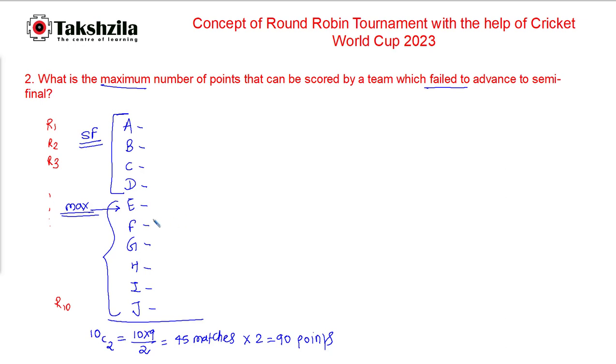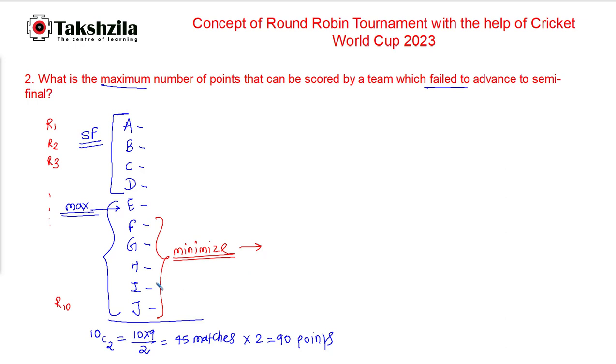So if we want to maximize E, we need to make sure that the points of E should be less than or equal to A, B, C, D, and the points of E should be more than or equal to F, G, H, I and J. So now if you want to maximize E, let's minimize these 5 teams. Let's minimize the points scored by these 5 teams. Now how many matches will happen among these 5 teams only?